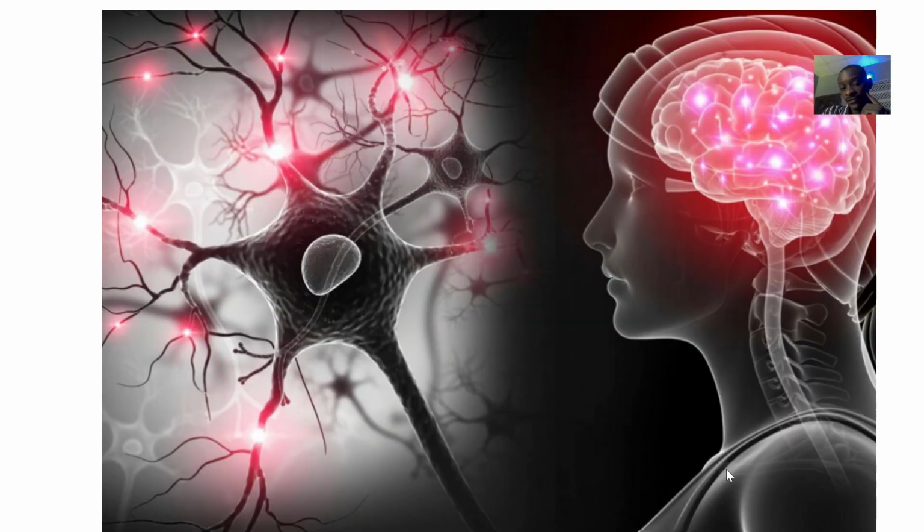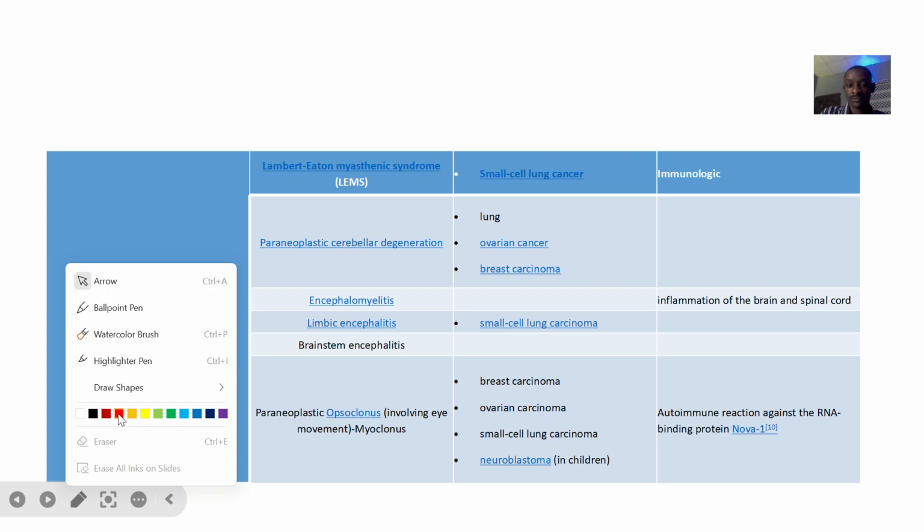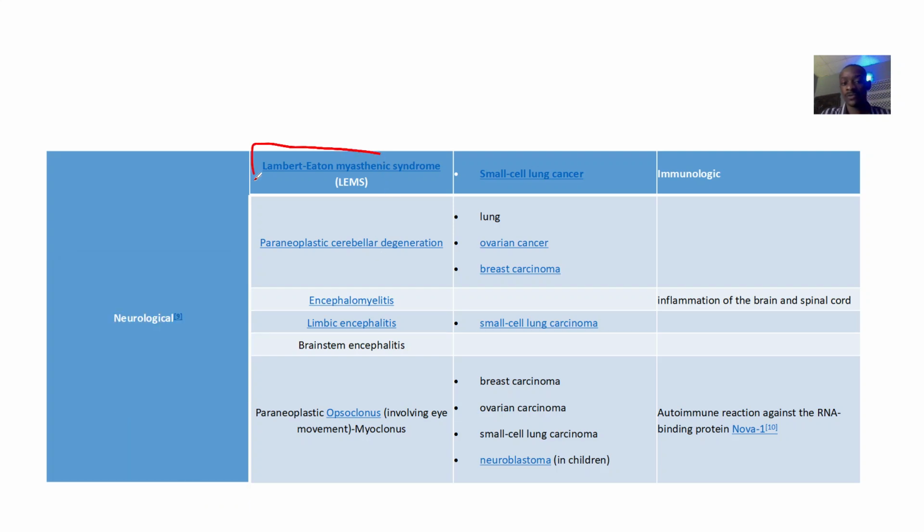Neurological disorders have to do with problems with the neurons, your nervous system. An example is Lambert-Eaton Myasthenic Syndrome. Alright, so usually it results from what? Small cell lung carcinoma, and the mechanism through which this can cause paraneoplastic syndrome is through immunologic involvement.